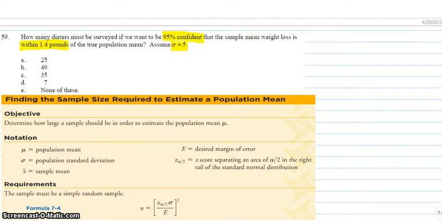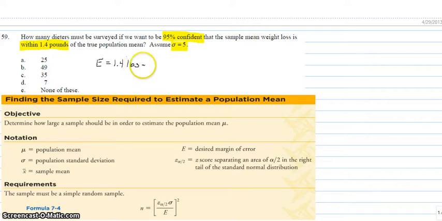So if we write that out, we have E, which is our margin of error, is 1.4 pounds because we want it within 1.4 pounds.